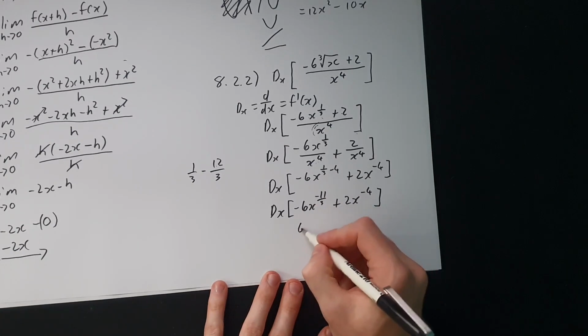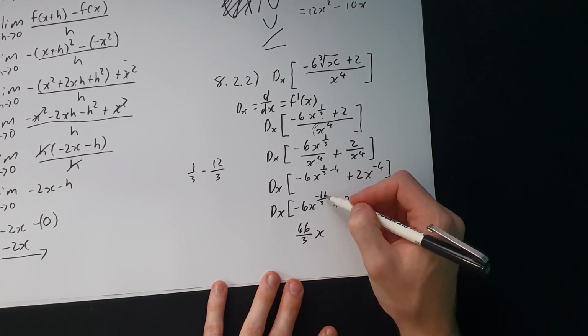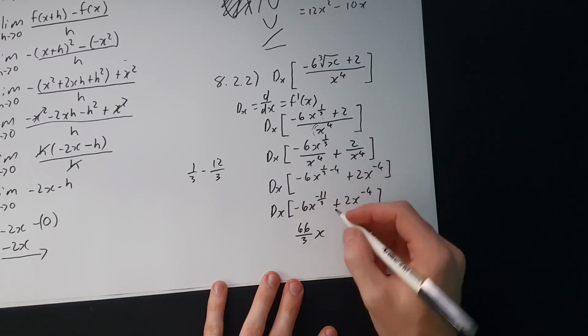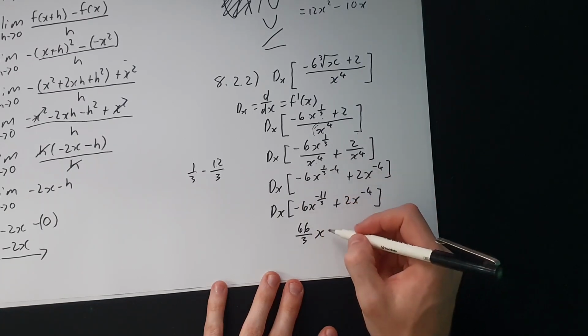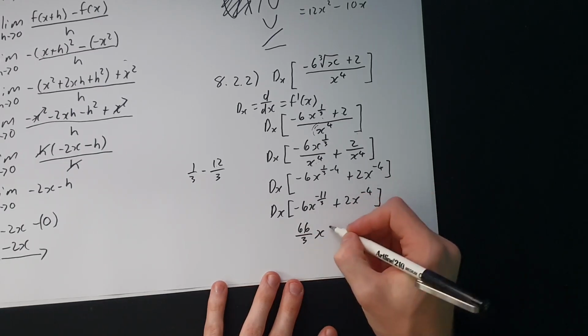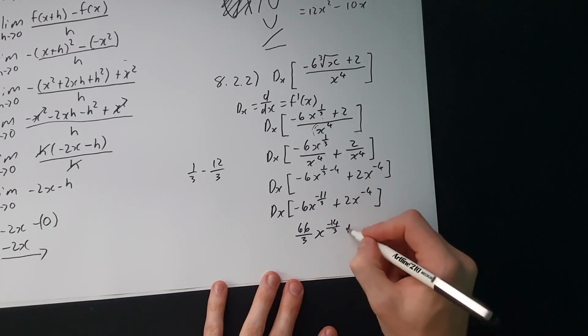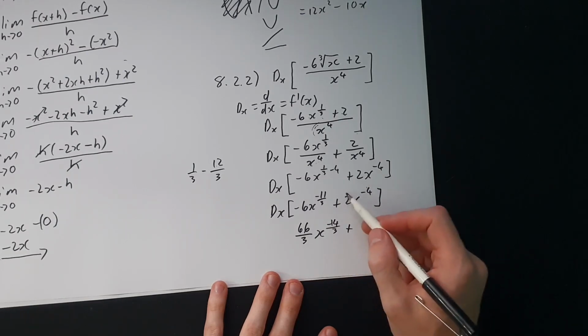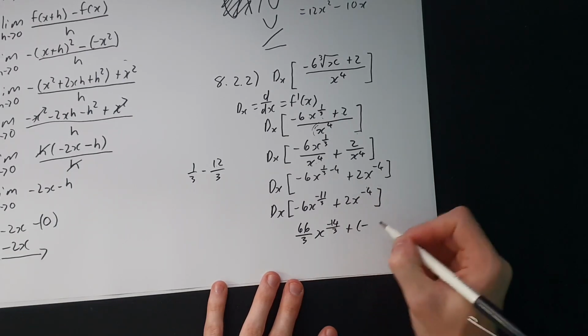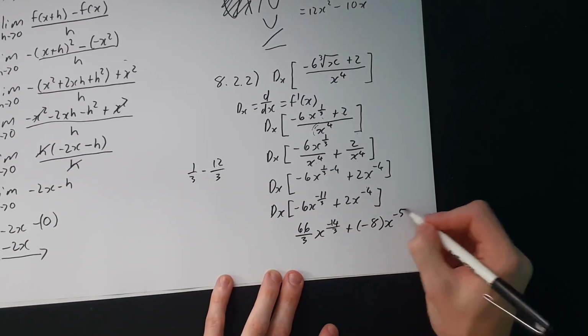Therefore we have 66 over 3 x, and now we say minus 1 over here, so minus 11 over 3 minus 3 over 3 gives you minus 14 over 3, plus minus 4 times 2, which gives you minus 8, x to the minus 5.